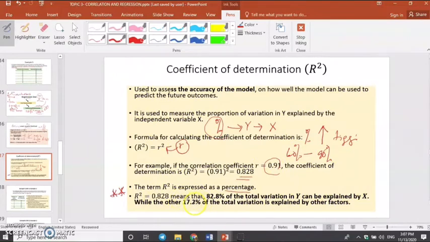So 17.2% adalah pure balance. So you just ambil je 1 minus 0.828, you akan dapat 0.172. Ataupun you ambil 100%, tolakkan dengan 82.8, you akan dapat 17.2%. So ini adalah yang selebihnya lah, of the total variation is explained by other factors. So kena ingat point ni.